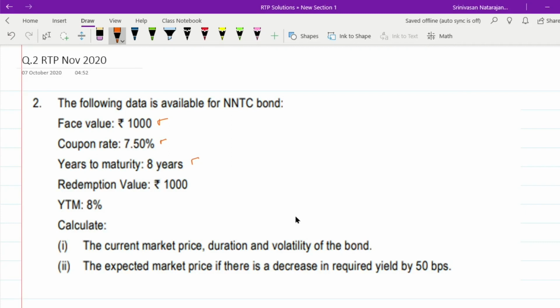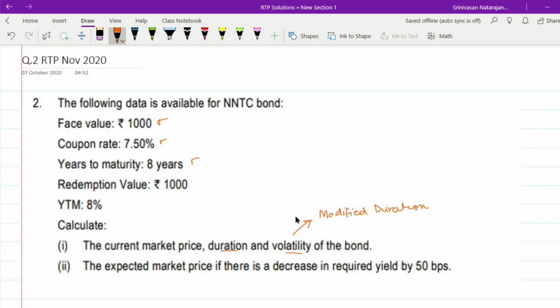So effectively it is an 8-year 7.5% bond with a face value of 1000, and it's got a redemption value of rupees 1000, and it's trading at a YTM of 8%. Calculate the current market price, duration, and volatility of the bond. Now, volatility of the bond is nothing but what we refer to as modified duration.